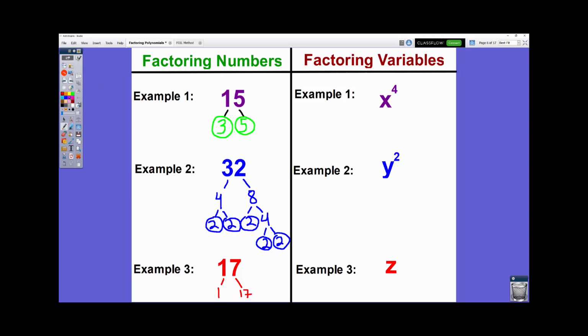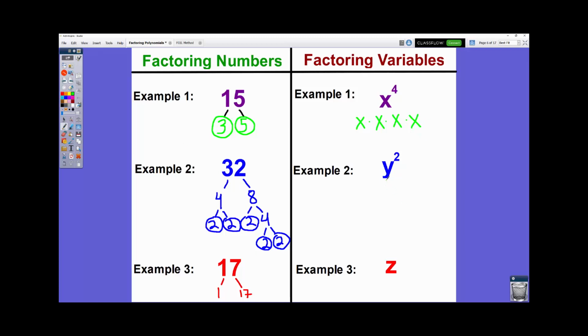Now, when it comes to factoring out variables, it's basically taking the variable in exponential notation and rewriting it in expanded notation. So x to the power of 4 would be x times x times x times x. And there you go. You have factored x to the power of 4 all the way down to its prime factors.